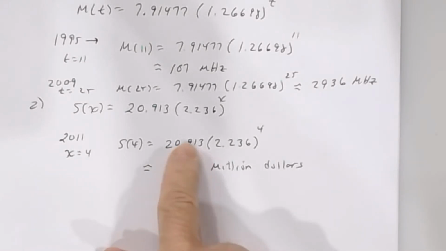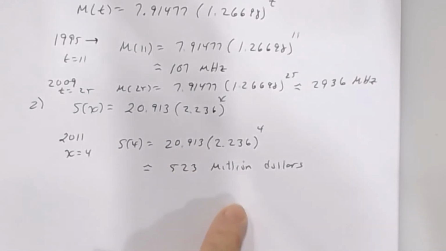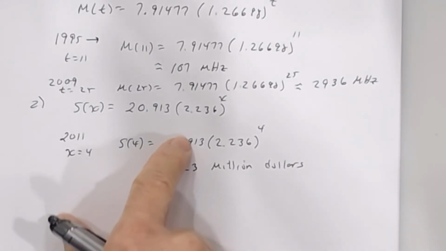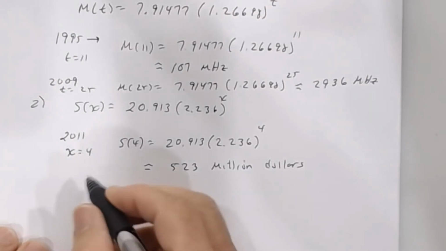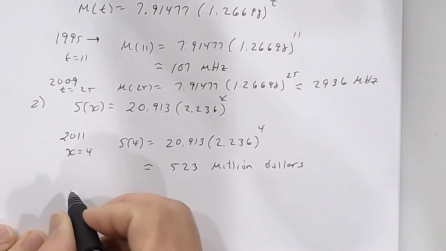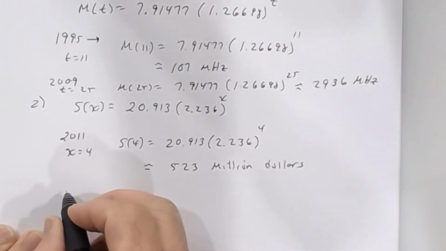All right, so remember what that P in those formulas represents: the original amount, the initial amount. We mentioned those words before. Original, initial. That's important. So it went from about 20 million to about how much? 523 million. Wait till you do the 2015.